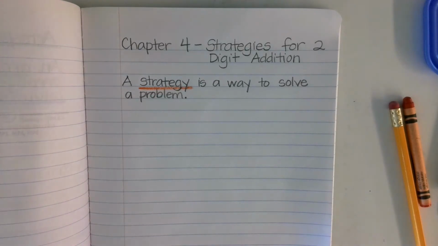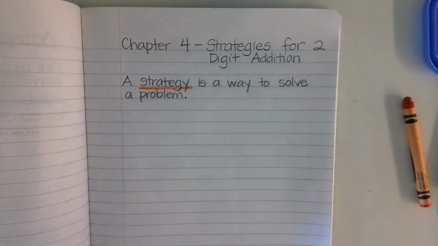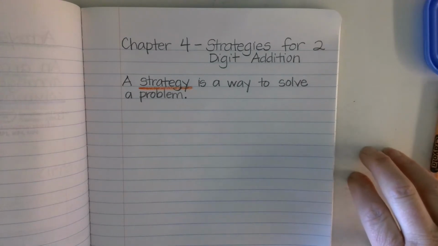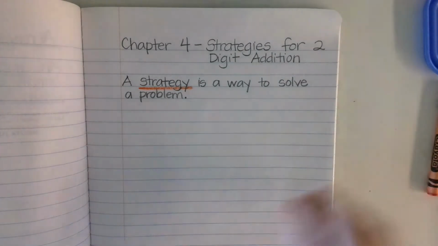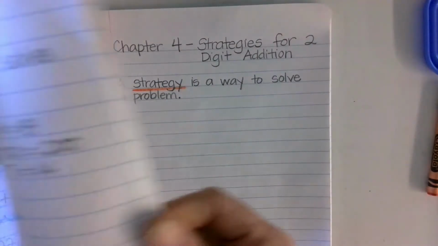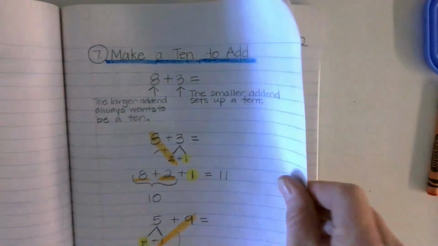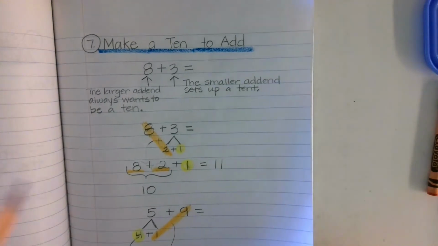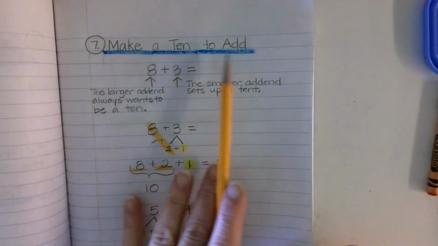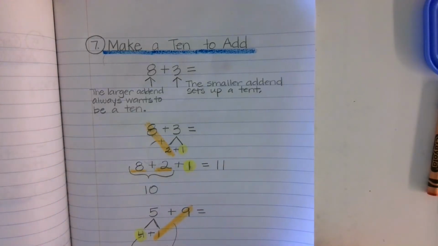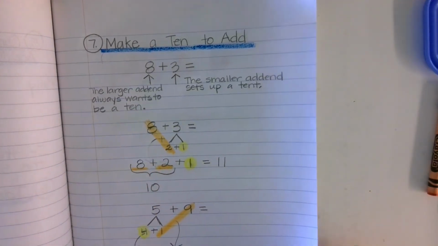The first strategy we're going to talk about today is break apart and make a 10. And we already talked about that back here. On page 23, we talked about making a 10 to add, okay, where we made the 10.